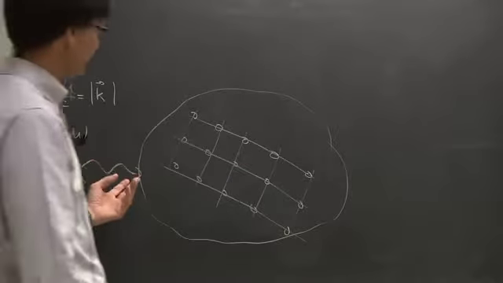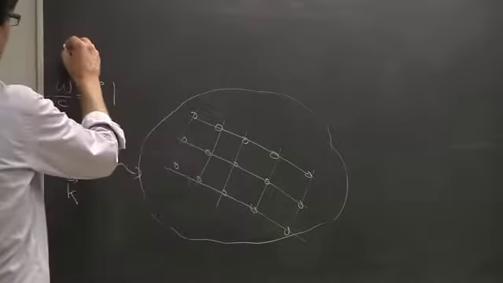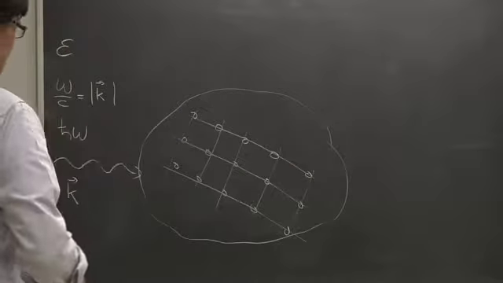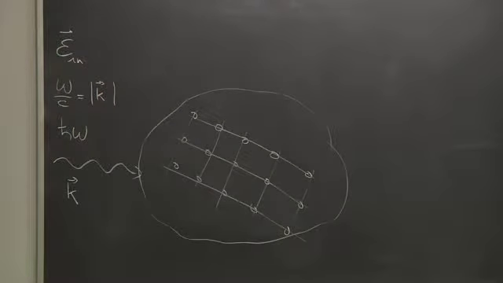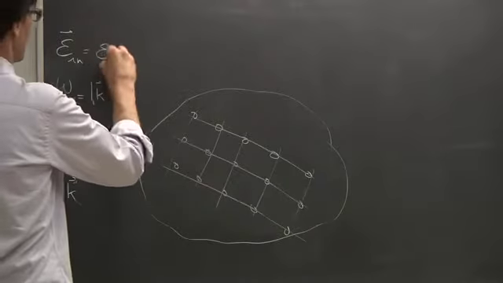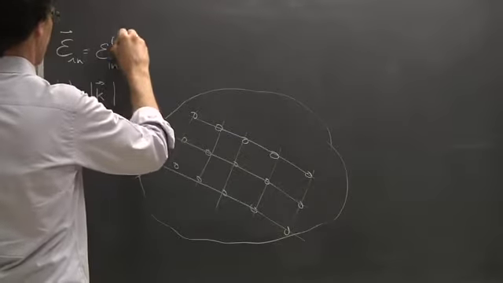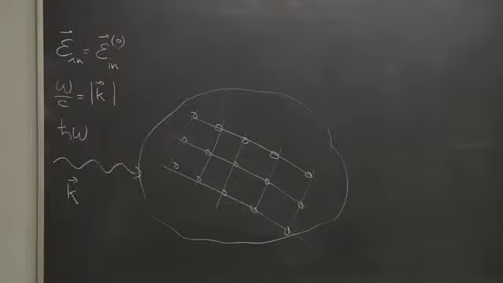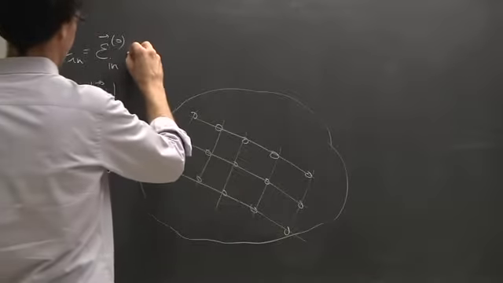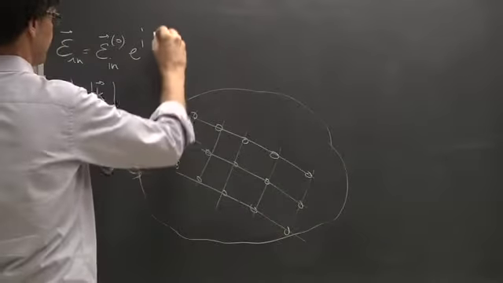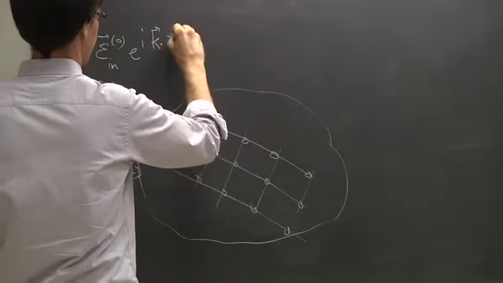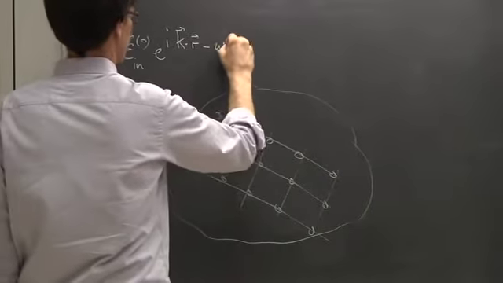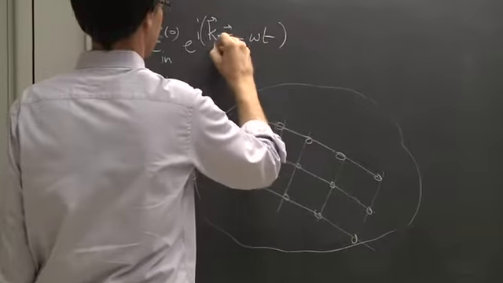What this means in practice is that you have an electromagnetic wave, epsilon, which I call incoming, which is some polarization vector times e to the i (k dot r minus omega t).